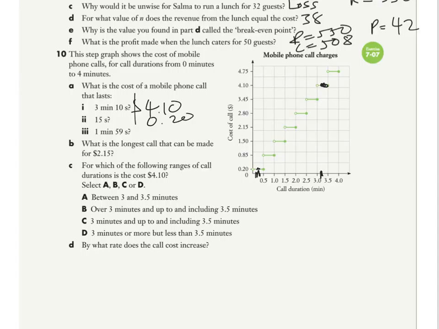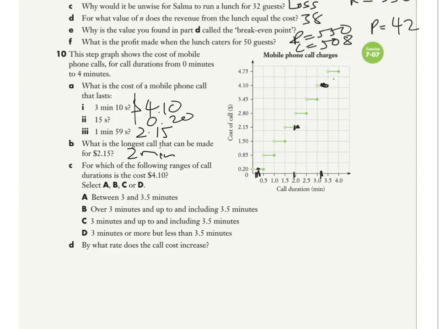1 minute 59, which is just short of, which is about there, $2.15. What is the longest call for $2.15? Well, that's the dot there, which is on 2 minutes. For which of the following ranges of calls duration cost $4.10?